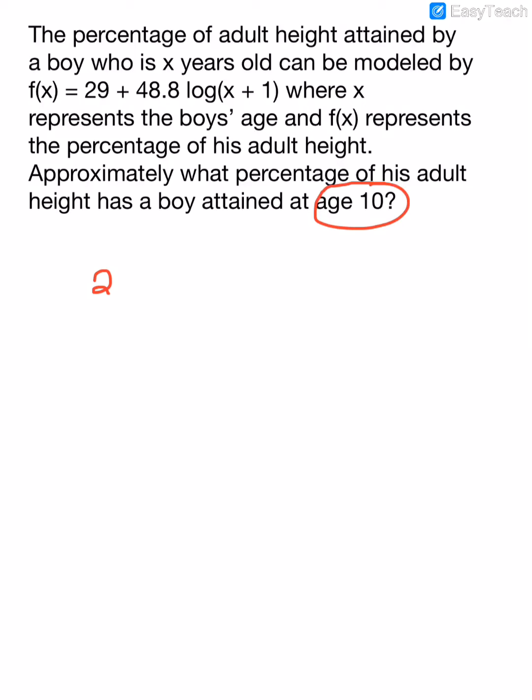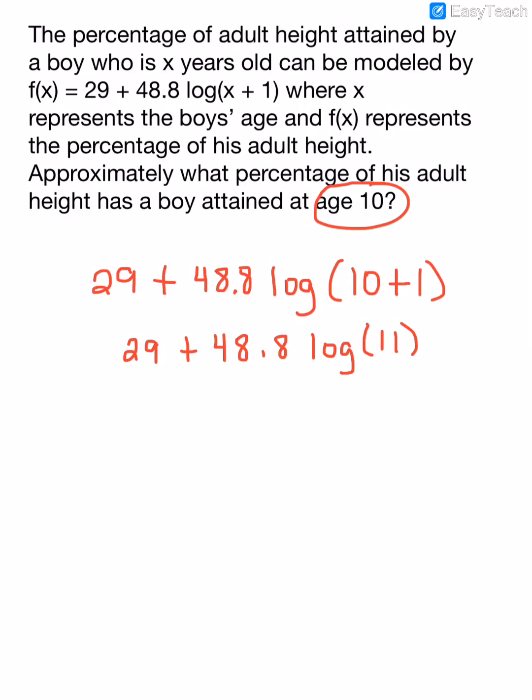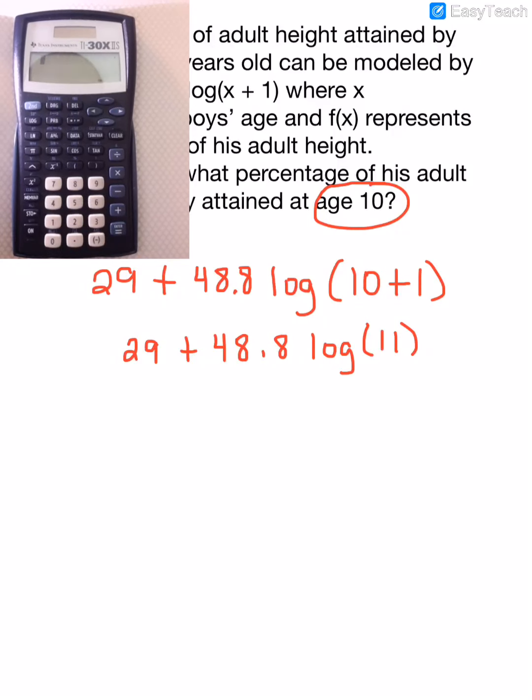So we're going to replace the x in the function with 10. Which, of course, 10 plus 1 is 11. So this is what we would put in the calculator.